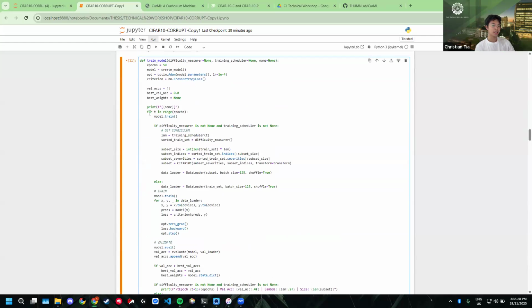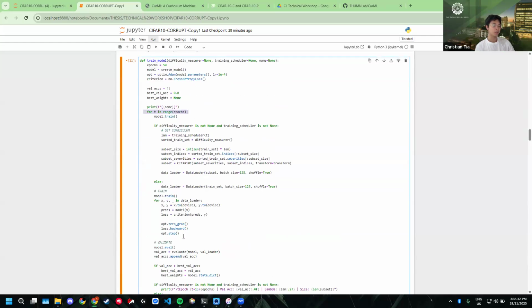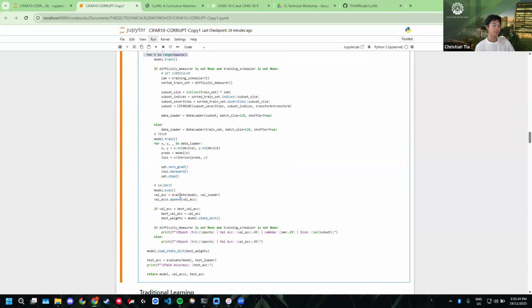At the end of those epochs, you validate the model at that epoch. Say you perform the accuracy test on the validation set, and then just store that.